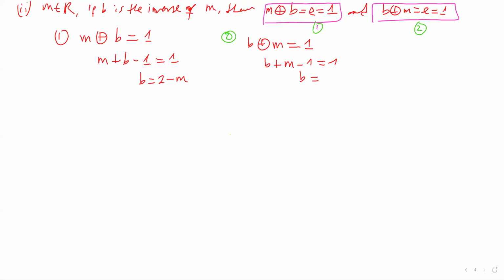And here B is equal to 2 minus M. And so we say that the inverse of M, let me call it M to the power minus 1, is 2 minus M. That is the inverse.